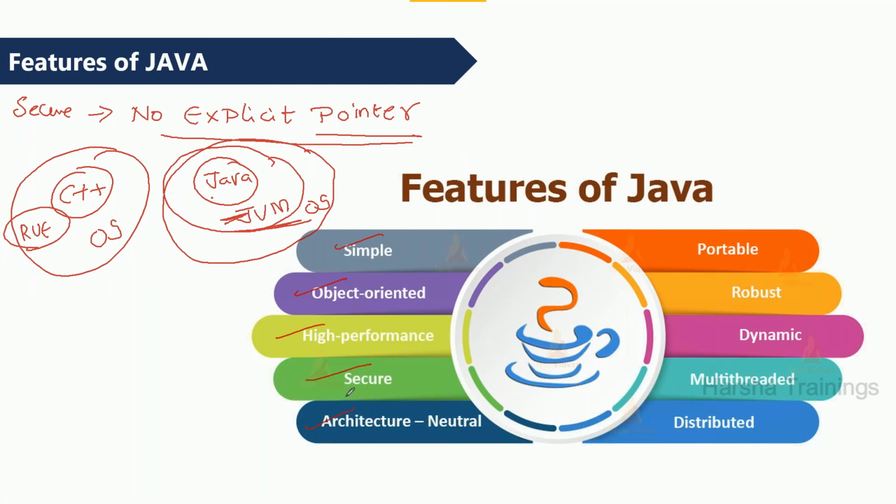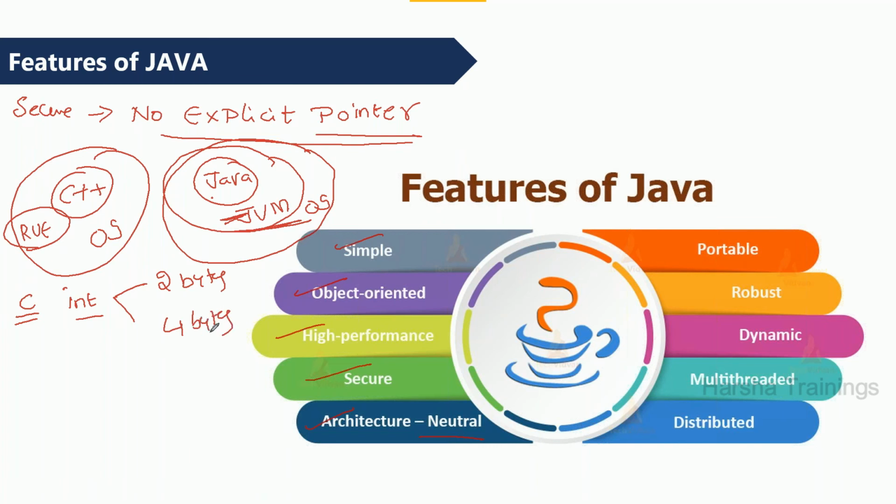Next, architecture neutral. What is meant by architecture? It is the system you are using. Suppose I explain with C language. You have a data type integer. What is the size of an integer? The size of an integer is 2 bytes or 4 bytes.